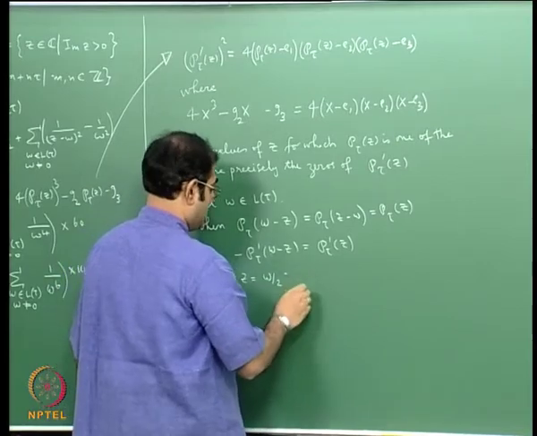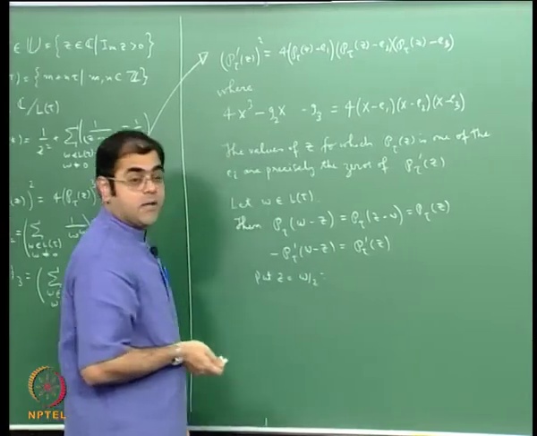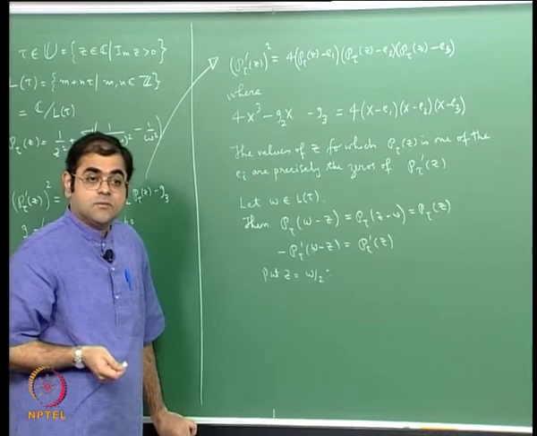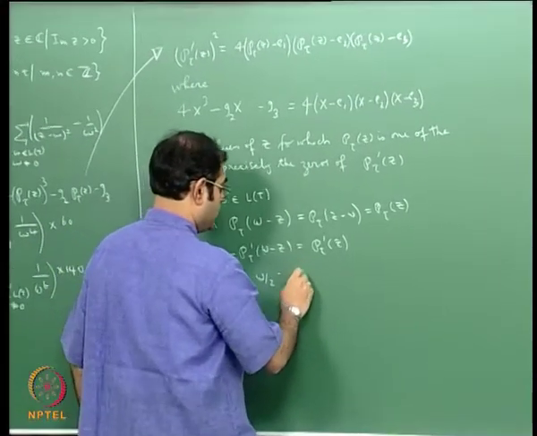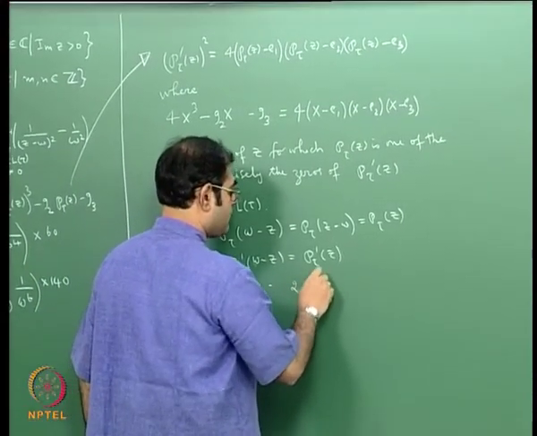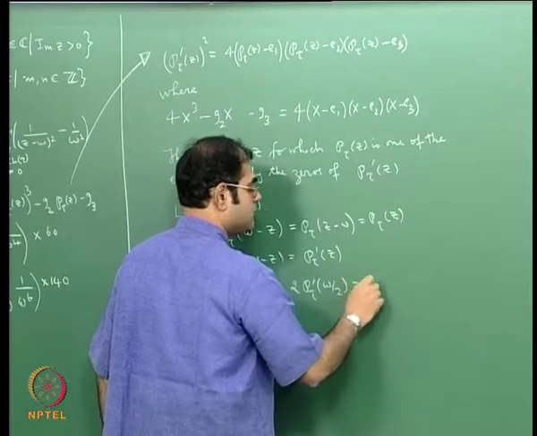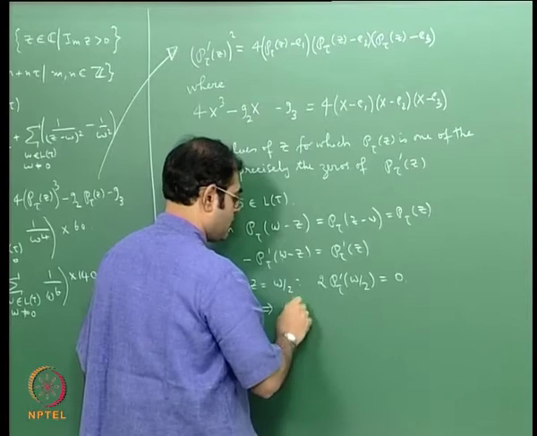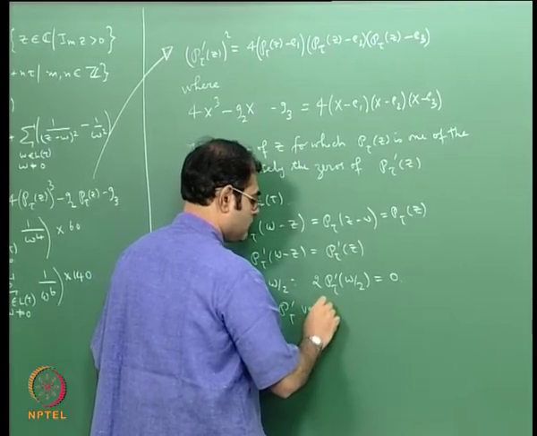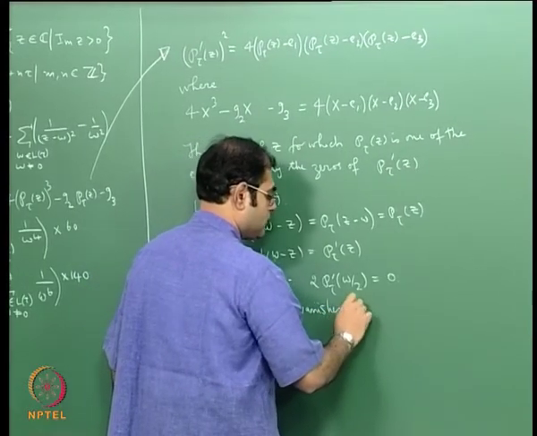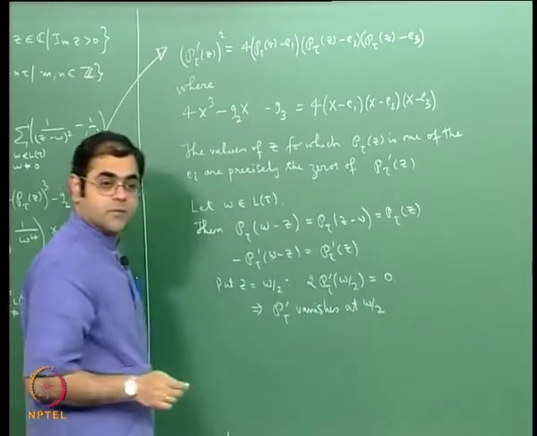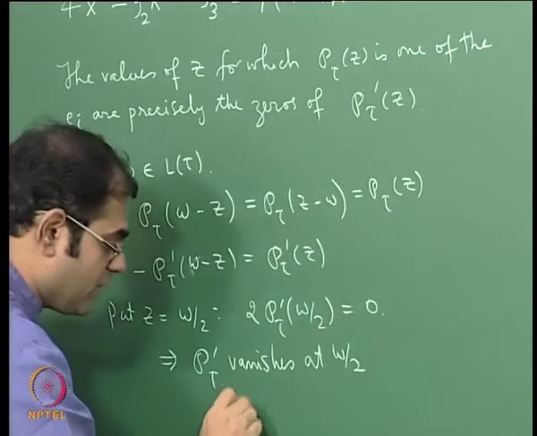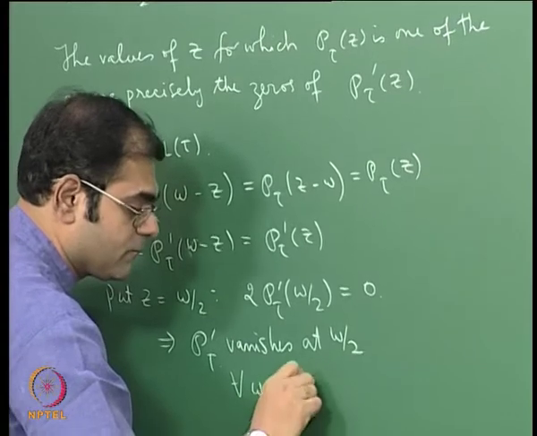What you will get is 2 times p tau prime of omega by 2 is 0. So this implies p tau prime vanishes at omega by 2, for every omega in the lattice.